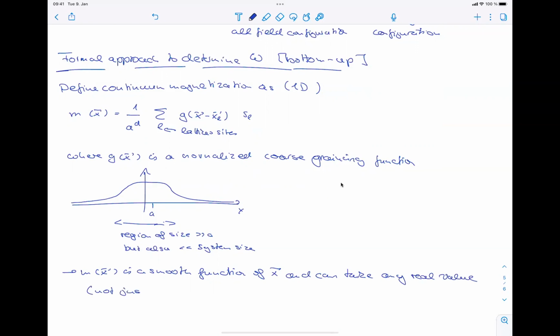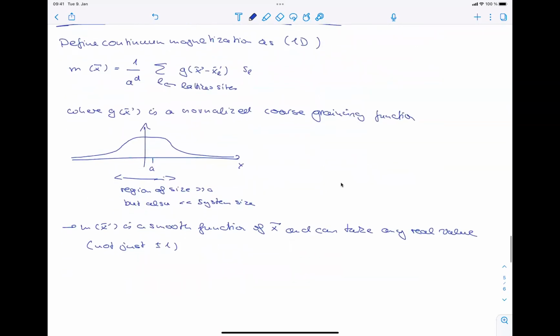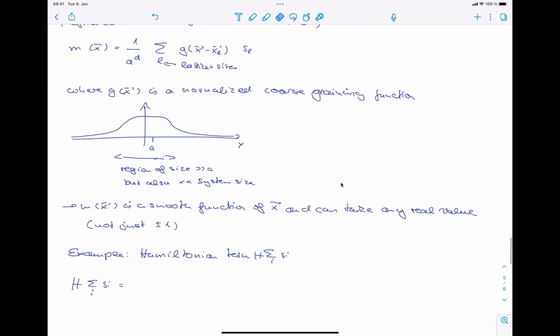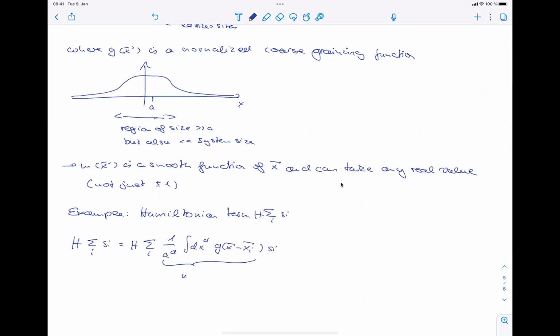So not just plus or minus one. For example, if I look at a Hamiltonian term like H, a sum over i, then I can write this with just this definition above, when this prefactor is normalized to 1.